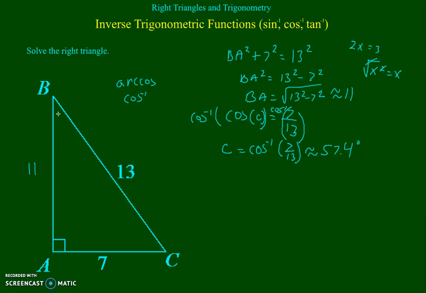So the first one out of the box was sine. So let's say that sine B equals old horse, 7/13.